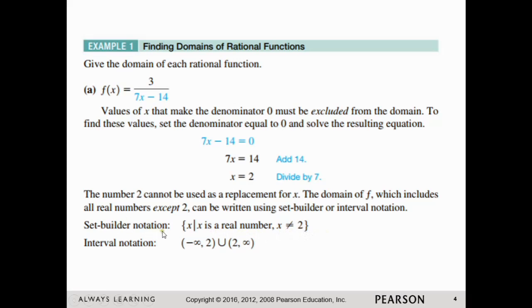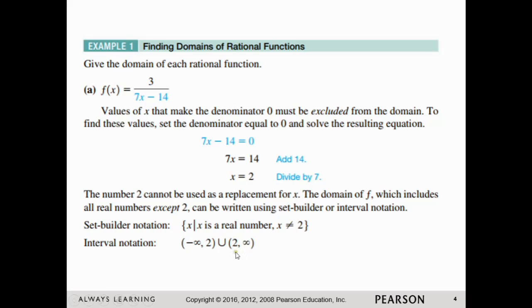That's set builder notation, okay? Then there's interval notation, which is written as, again, we're indicating all real numbers except for 2. So we identify as negative infinity to 2, union 2 to infinity.